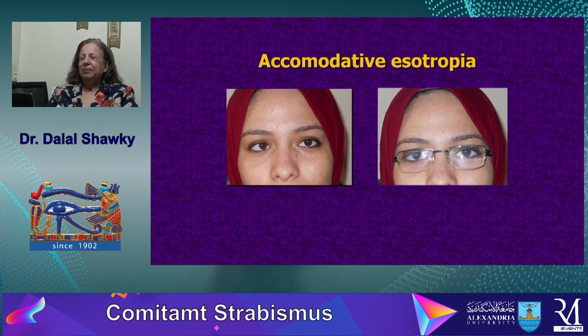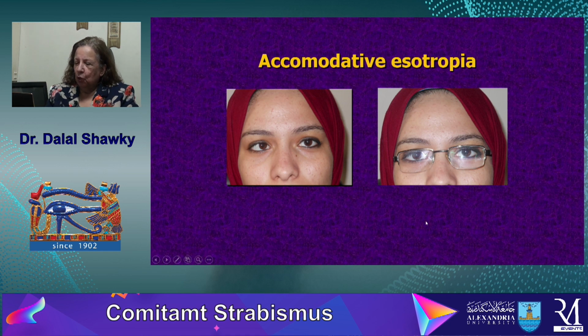Accommodative esotropia means esotropia which is fully corrected by inhibition of accommodation, like this patient. She has high hypermetropia, and if she is not wearing the glasses, she is esotropic by the corneal reflex here, and after wearing the full correction, she is totally corrected, eyes are parallel.